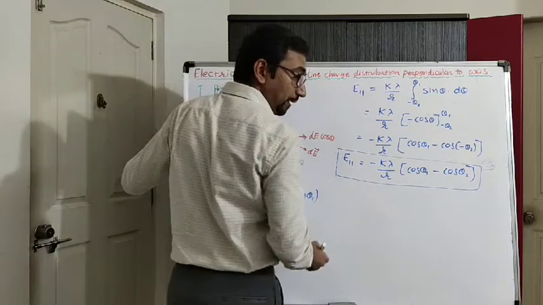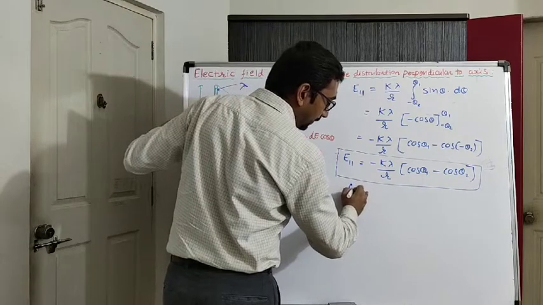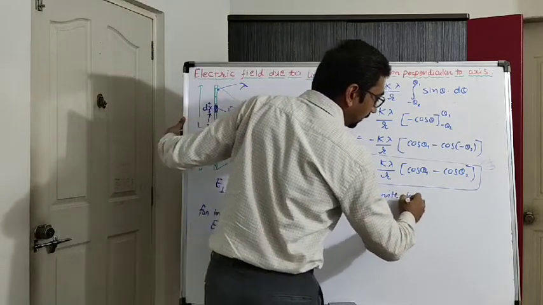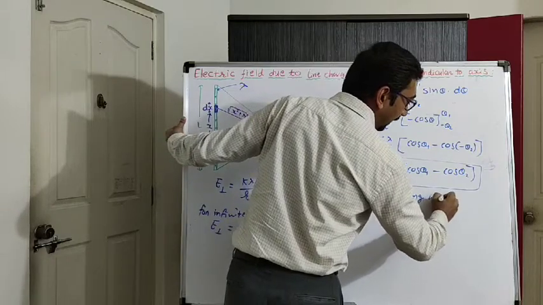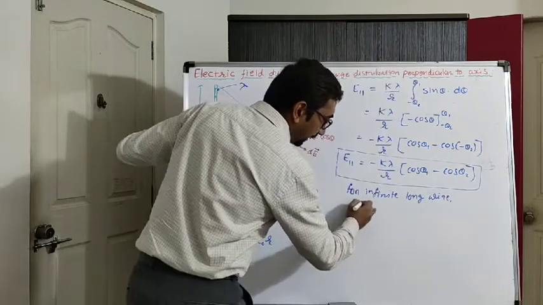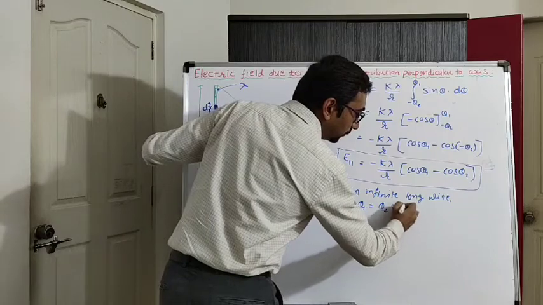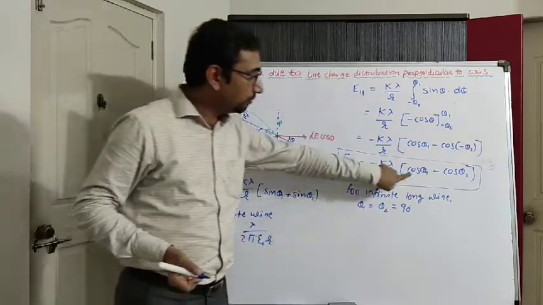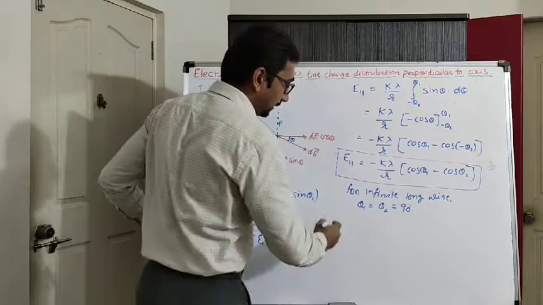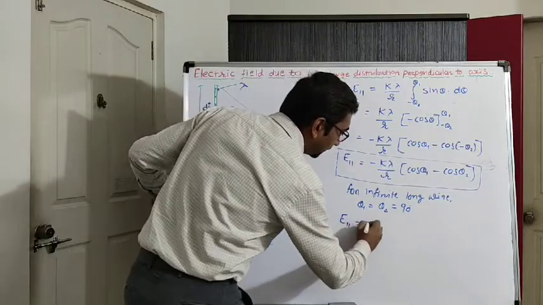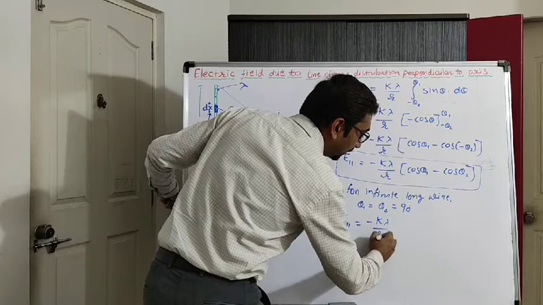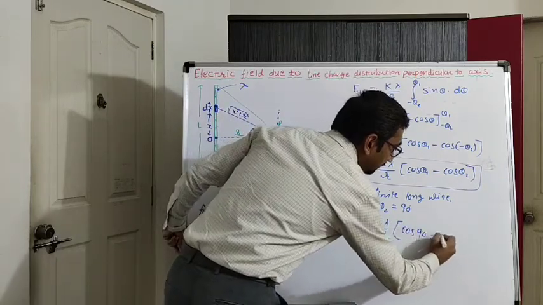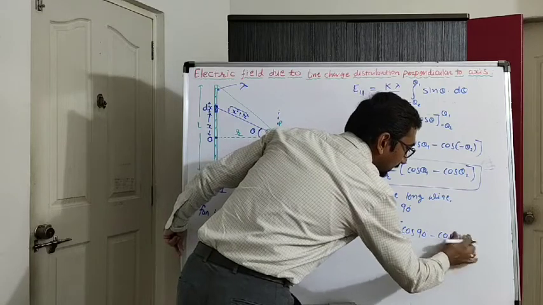If we take an infinitely long wire here, theta 1 and theta 2 will be nearly equal to 90 degrees. So if we put 90 degrees over here, then E parallel is equal to minus k lambda upon r into cos 90 minus cos 90.